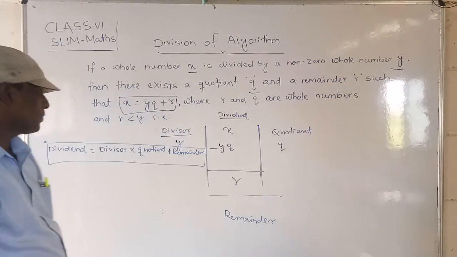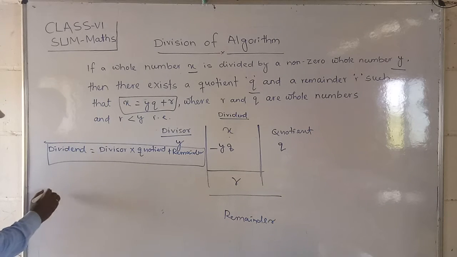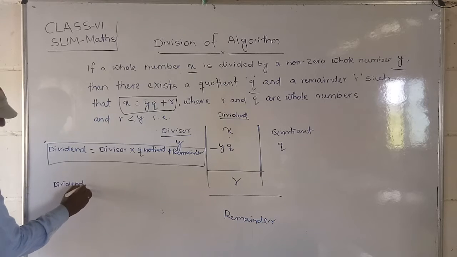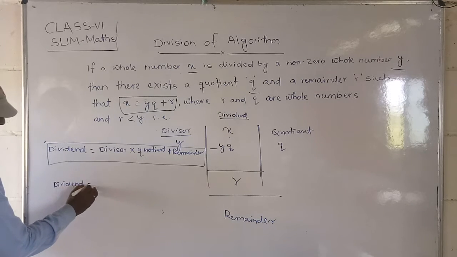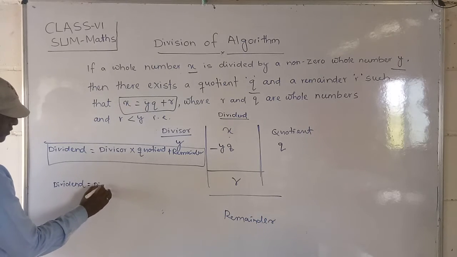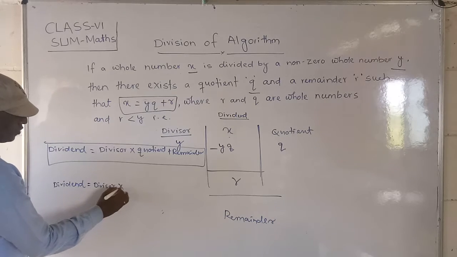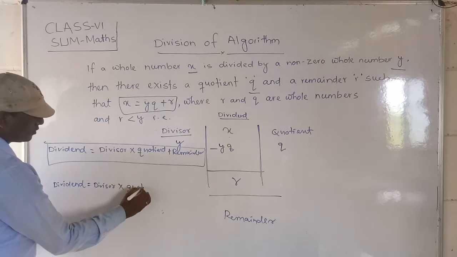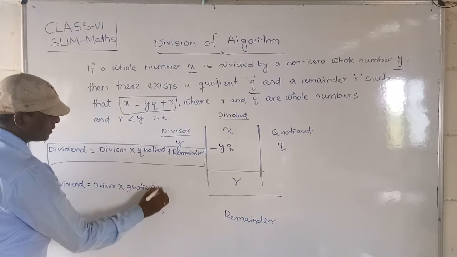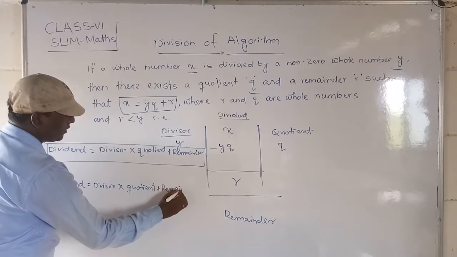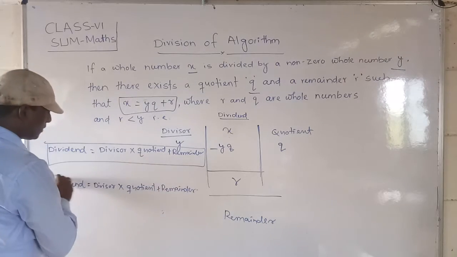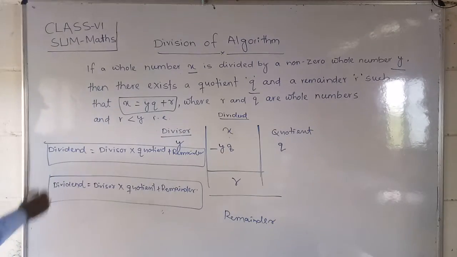Very carefully remember, friends. Once again I will write it nicely. Dividend is equal to divisor into quotient plus remainder. Okay, this is the formula of the division algorithm.